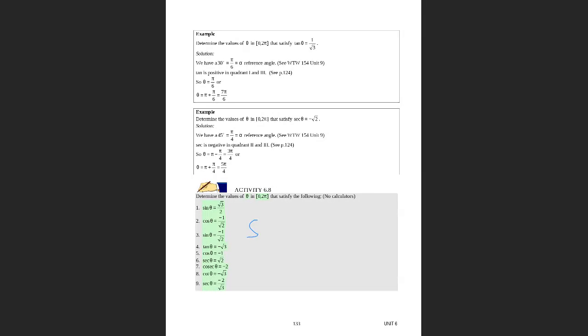I say sec theta equals negative 2 over root 3. So sec is 1 over cos theta. It will be negative 2 over root 3.